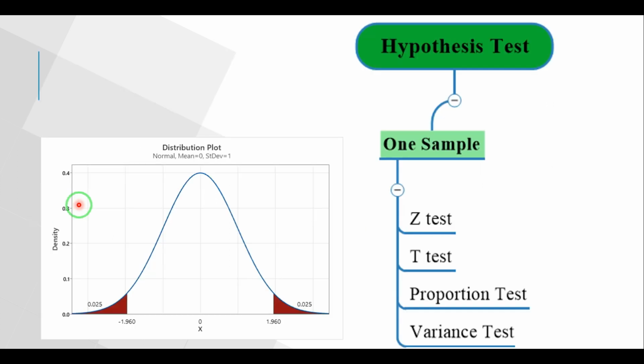A one sample hypothesis test is a statistical method used to determine whether a population parameter such as the population mean or the population proportion or variance is significantly different from the hypothesized value. It involves comparing the sample data from a single group to a known or hypothesized value.